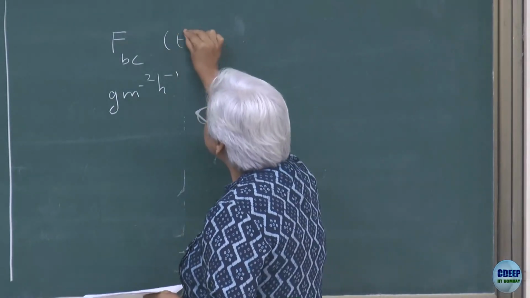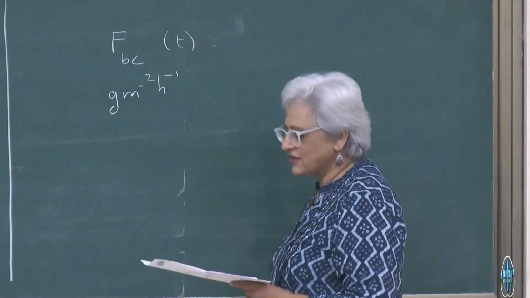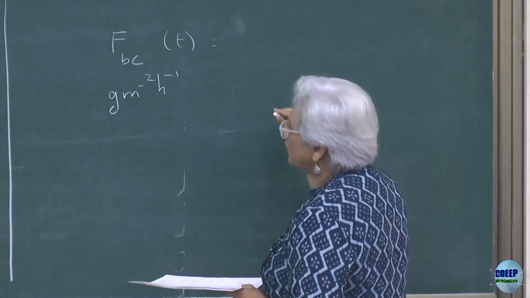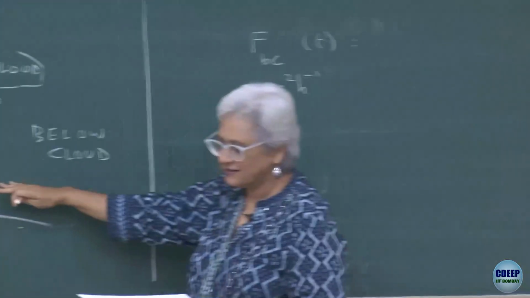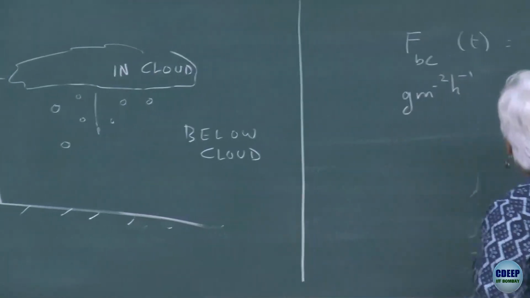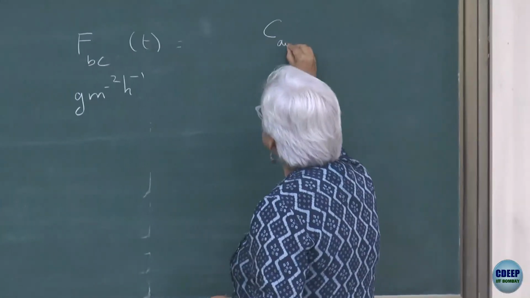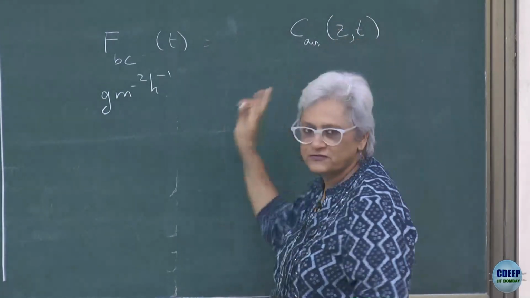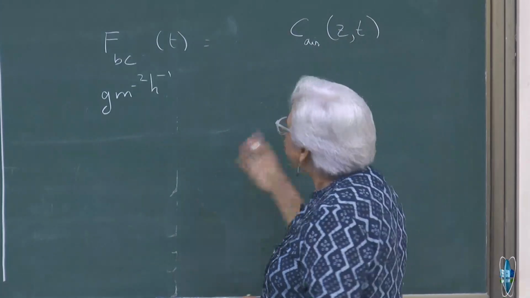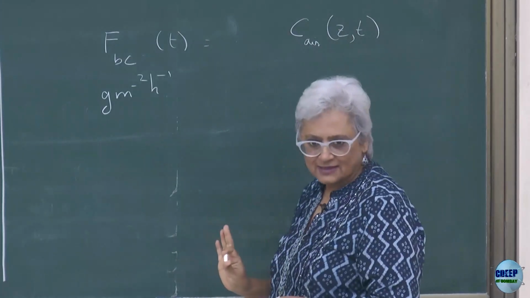In general, we understand that it will be a function of time. We are talking about this space over here, and I have a concentration in air, which in general can be a function of z and time, of particles in this case, right.